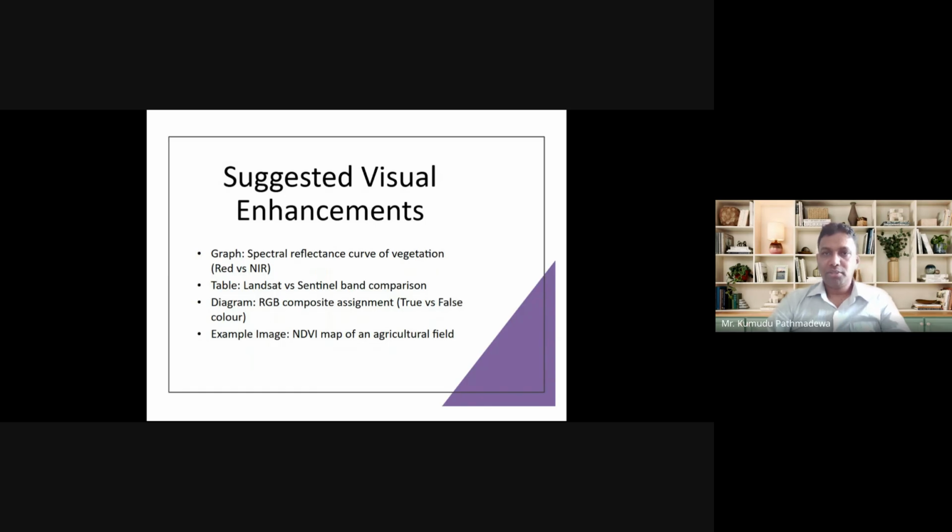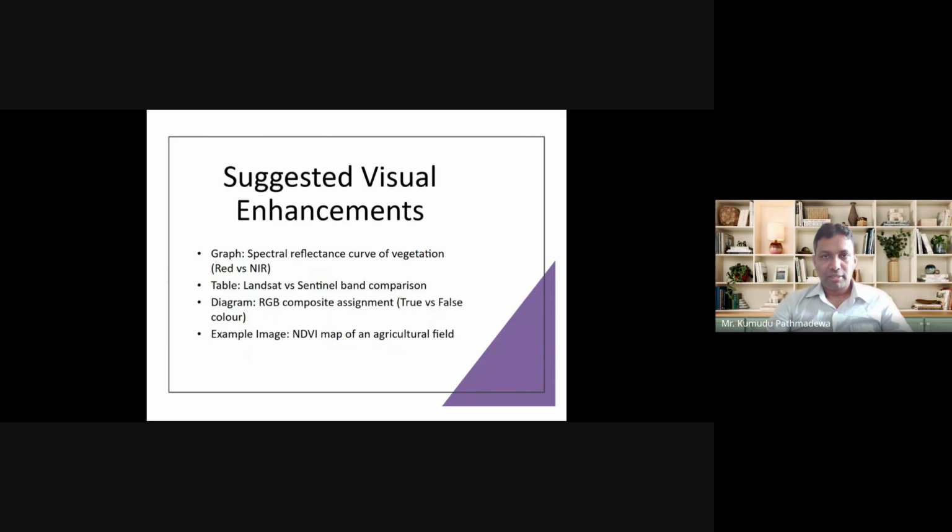This slide also suggests useful visual aids to strengthen understanding, such as a spectral reflectance curve of vegetation, comparison tables between satellite sensors like Landsat and Sentinel band comparison, diagrams like RGB or false color composite diagram, and NDVI example images.